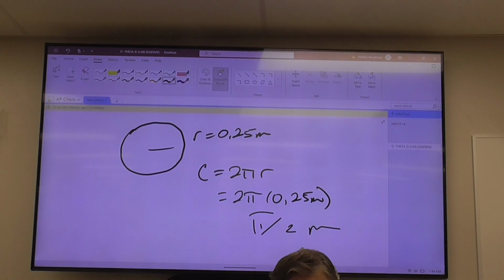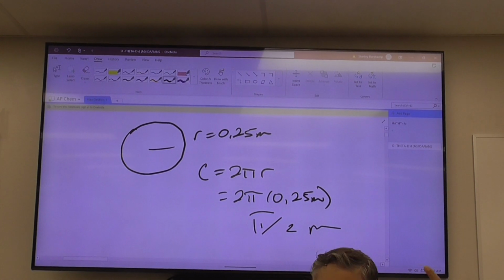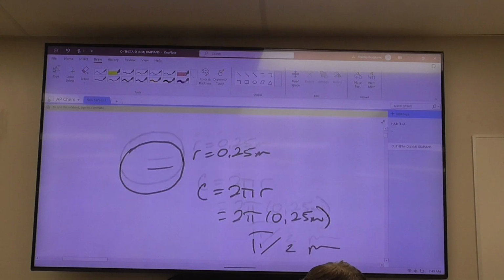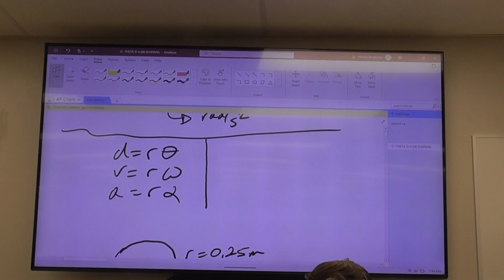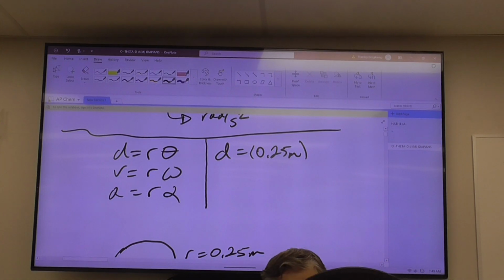Now, you go, okay, cool, can we use these new crossover equations that you just explained? Well, let's give it a shot. If you look at this, d equals r theta, where r is 0.25 meters. If it makes one revolution, which it did, how many radians is that? 2 pi.